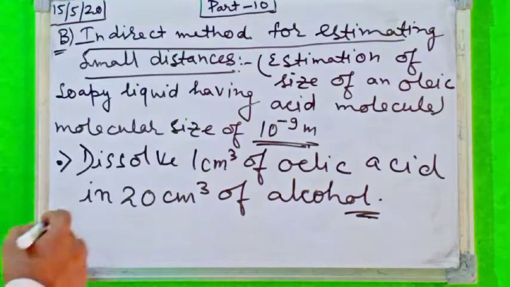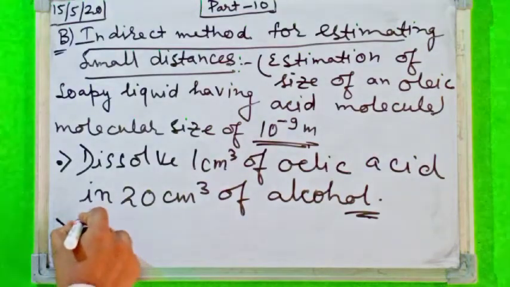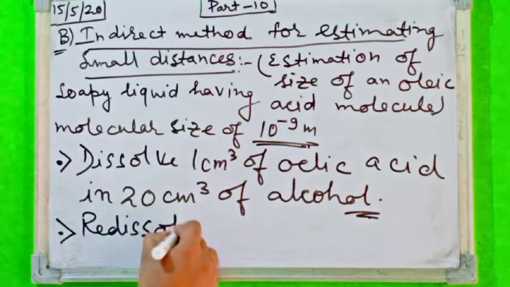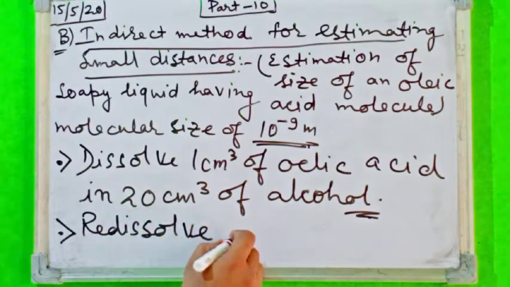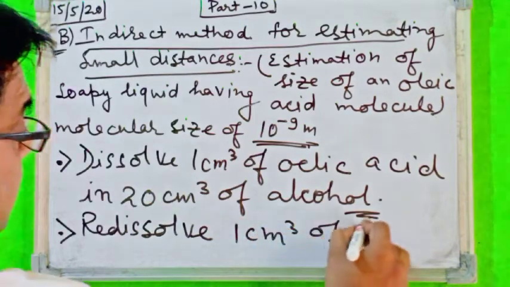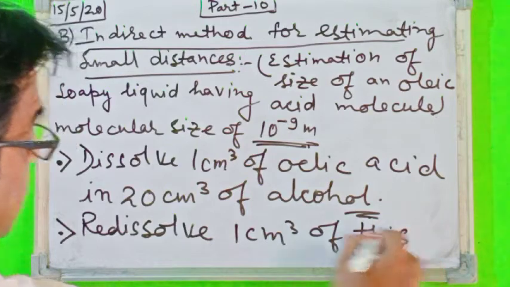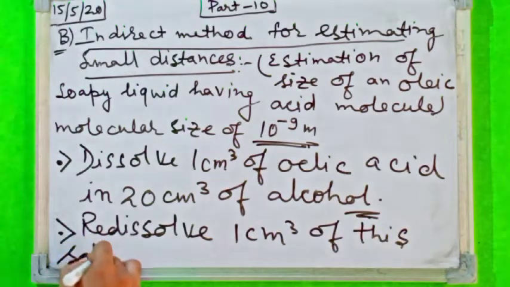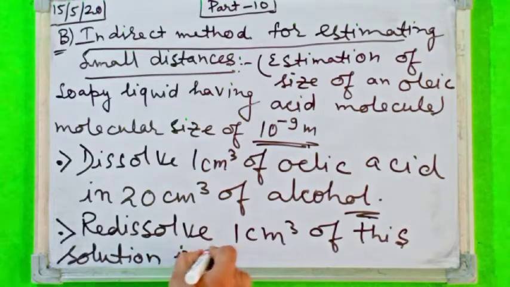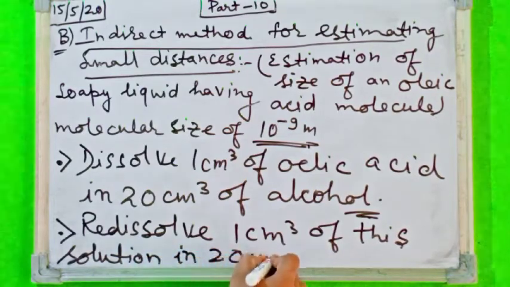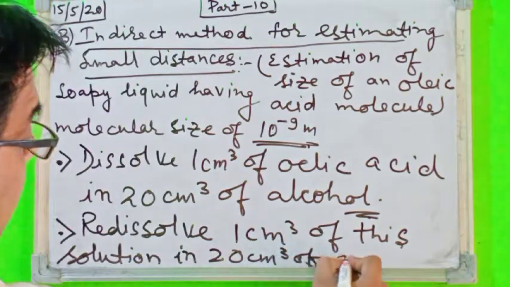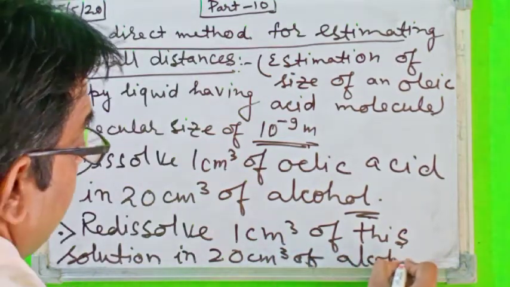Then in the second step, redissolve 1 centimeter cube of this solution in 20 centimeter cube of alcohol.